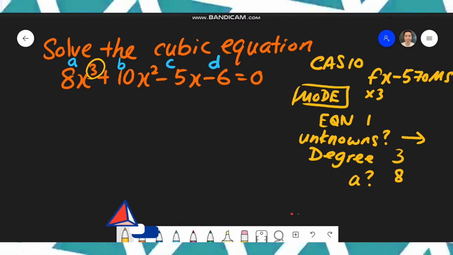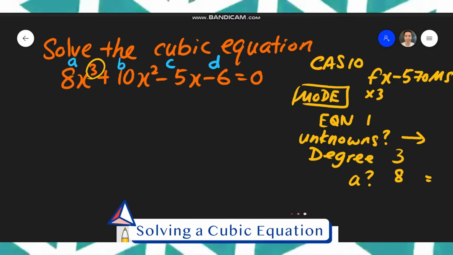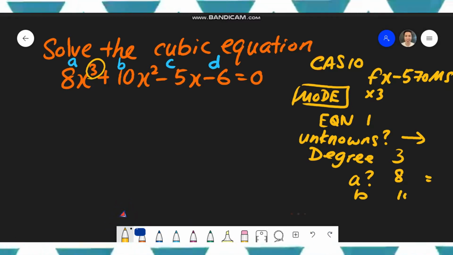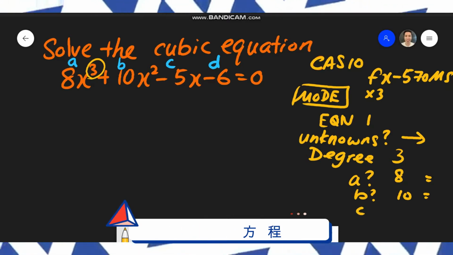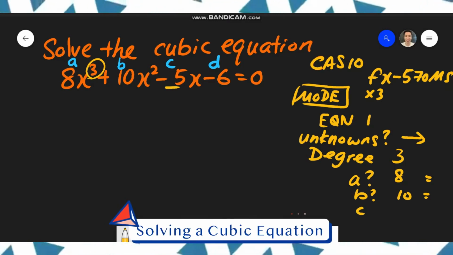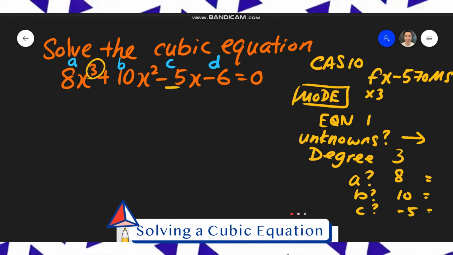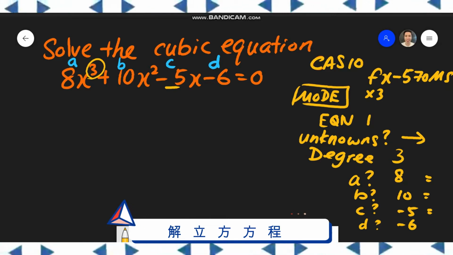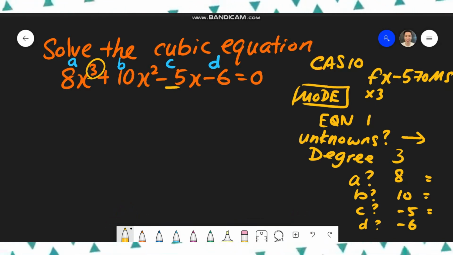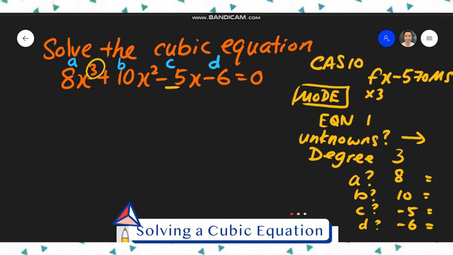Then B is 10, then C is -5, so you just press in -5, press equals. Then the last part, D is -6, then you press equal.